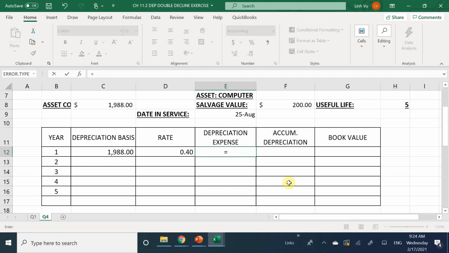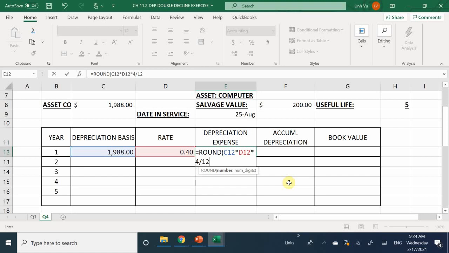So this is how I do my calculation. I take the 1988 and multiply it by the 40%. Then I multiply it by 4 and divide the entire thing by 12, because I'm only doing 4 months out of the 12. Okay? If you want, you can calculate your 4 out of 12, which is 1/3, right?